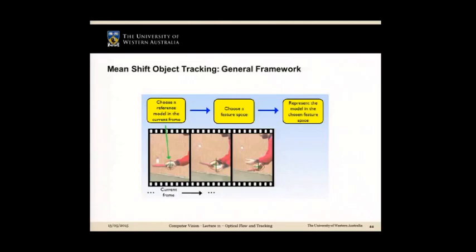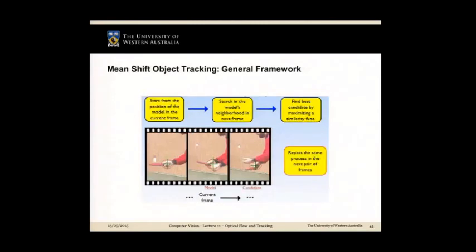You specify the object that we are interested in tracking and define the starting point. Then in the next frame, you start from the position of the model in the current frame, search in the model's neighborhood, find the best candidate by minimizing a similarity function, and repeat the same process.